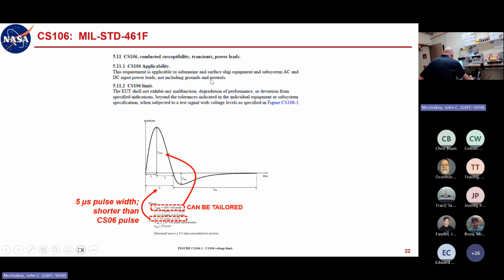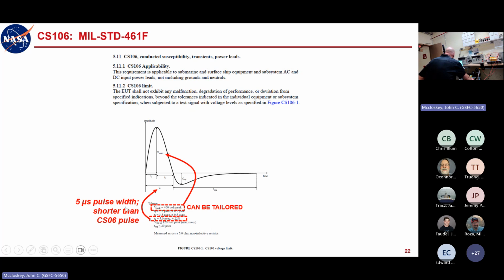And it says right here it is applicable to submarine and surface ship equipment. Right, so this was driven by the Navy. They put this in here because it's a military standard, right? It's what mil standard means. So the Navy had this put in here specifically to address concerns that they had on submarines and surface ships.